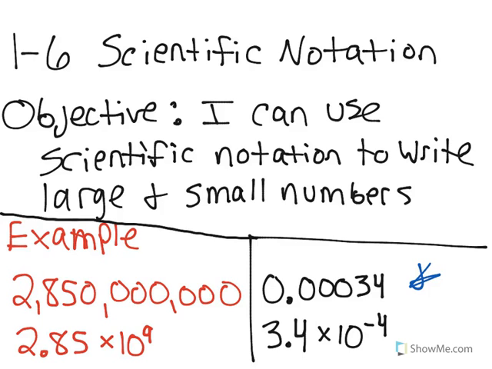You may have noticed that in this first example, the 9 was positive. That means it's going to make our number, in this case 2.85, larger, because 10 to the ninth power is a lot of zeros that we're going to be adding. Remember, multiplying by 10 adds 1 zero, multiplying by 100 adds 2 zeros, and so on. So our number is going to get a lot bigger.